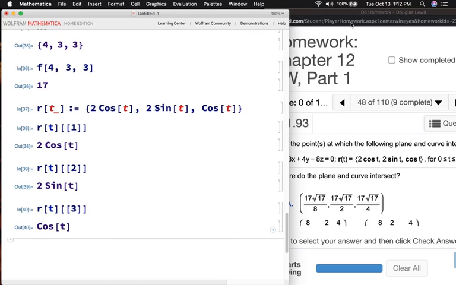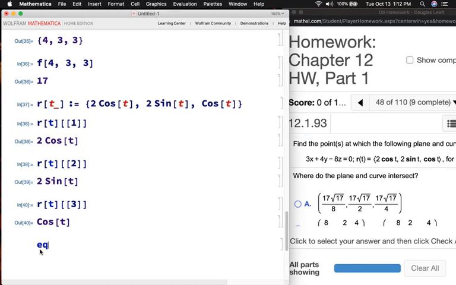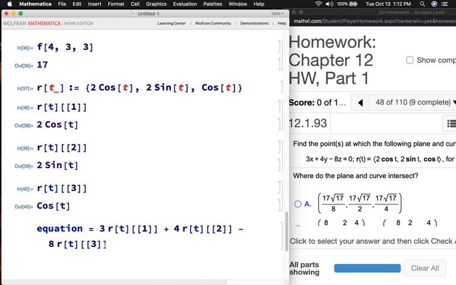So the equation that I end up with is going to be 3 times r of t, 1, which is really 3x, plus 4 times r of t, 2, which is really y, minus 8 r of t, 3, which is the z element.